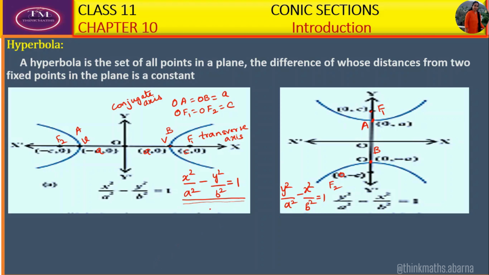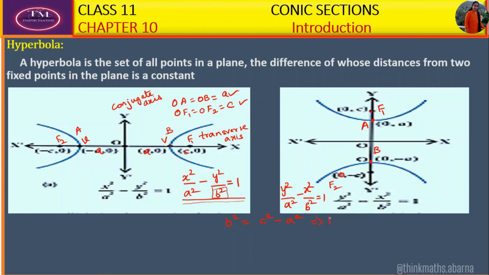Clear? Now we have named a and c. What about this b? This b is related as b square equal to c square minus a square. This is the relationship between a, b and c. So we can get the value of b square from c and a.